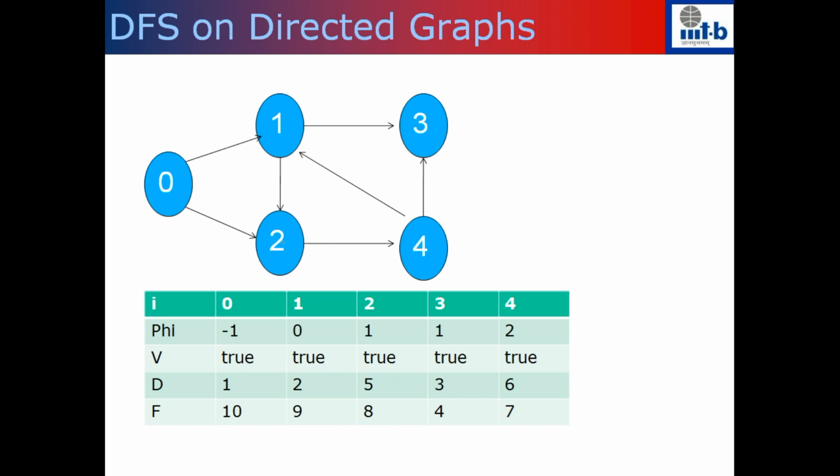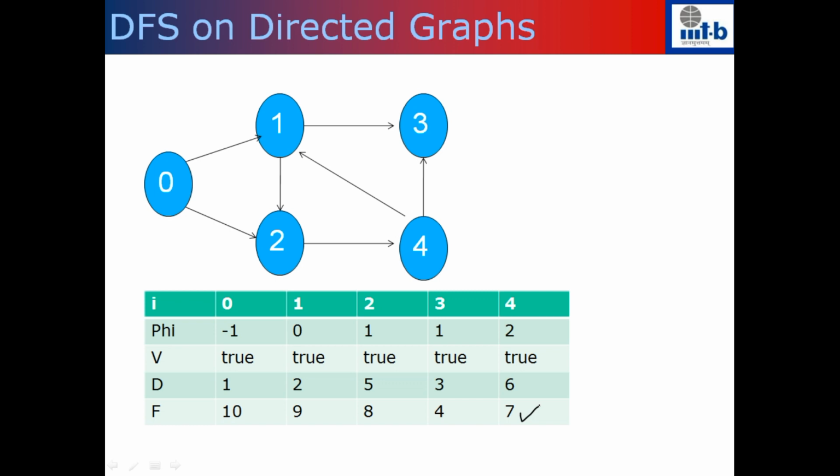Adjacent vertices of 4, all of them have been turned true. When I consider the two adjacent vertices, namely 1 and 3, the flag of both of them is true, so I don't do anything. So I have visited everything which is adjacent to 4, so I set the finish time of 4 to be 7.